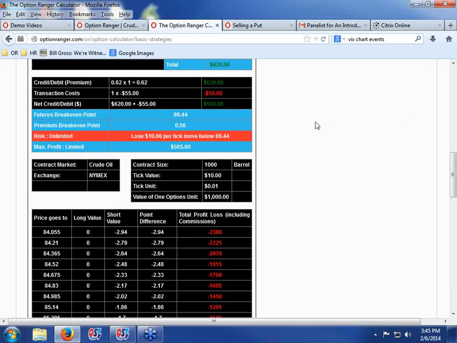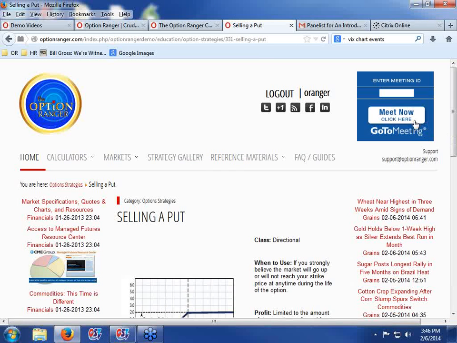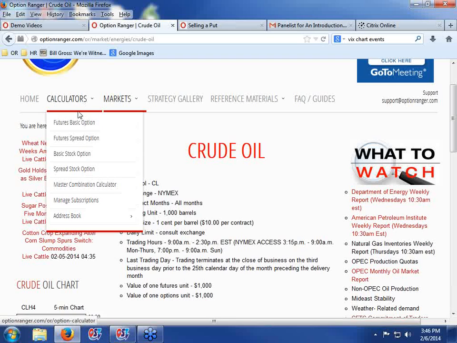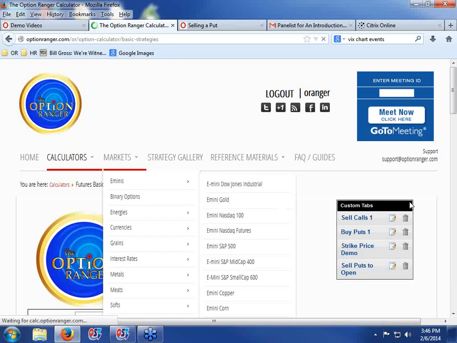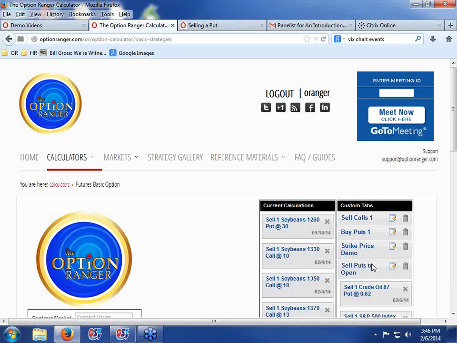The next example that I wanted to go to in our grid, and then we can make up one of our own if we have a request. Excuse me. Just a moment. Let me just bring back those. We have multiple calculators, and what we are looking at right now is the futures basic option calculator, because we're just working on the four strategies.